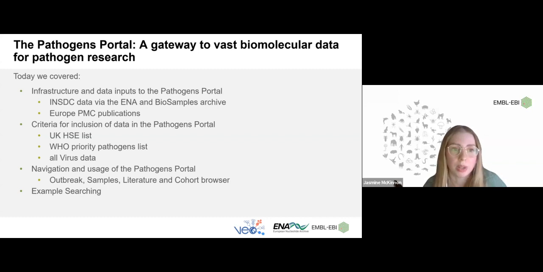I talked a bit about the criteria for inclusion of data in the Pathogens Portal. That began with the UK Health and Safety Executive List. We also used the WHO Priority Pathogens List to list our outbreak pathogens, and we also include all virus data because they are obligate pathogens.